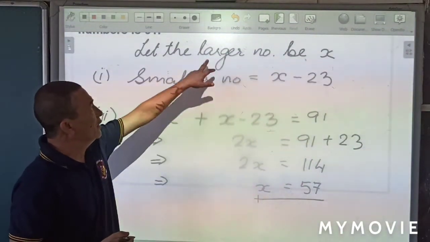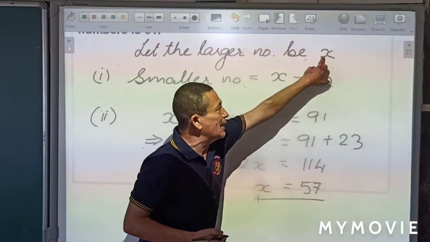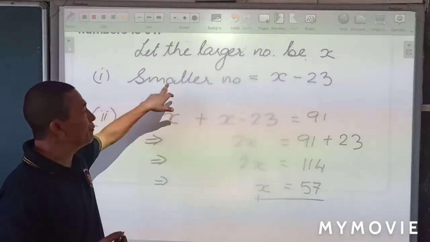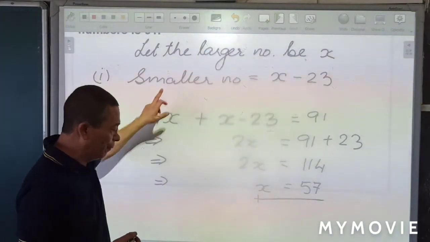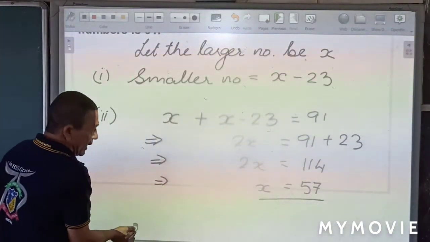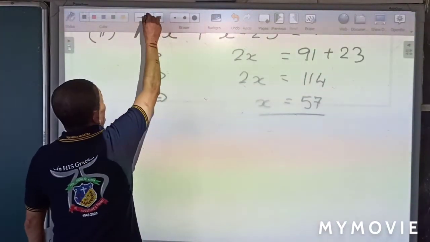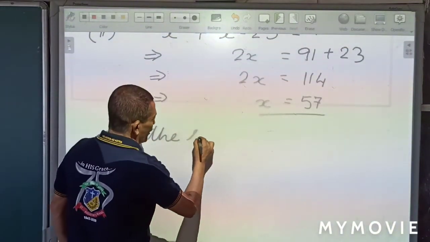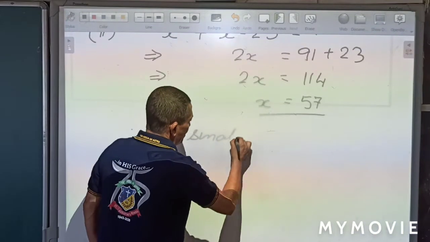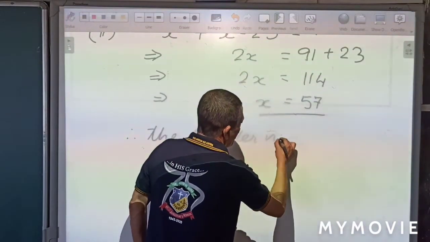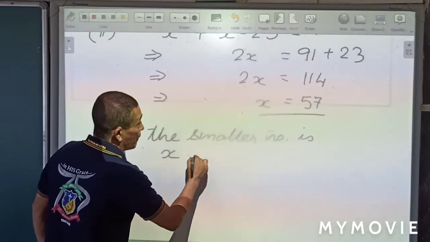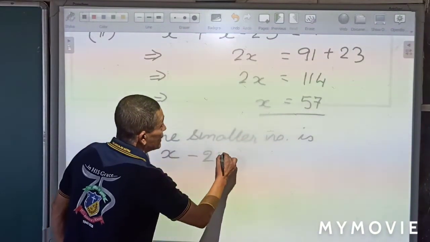Now I know that the larger number is x and x is supposed to be 57, but according to the question I am supposed to find out the smaller number. So I can say, therefore the smaller number is x minus 23.